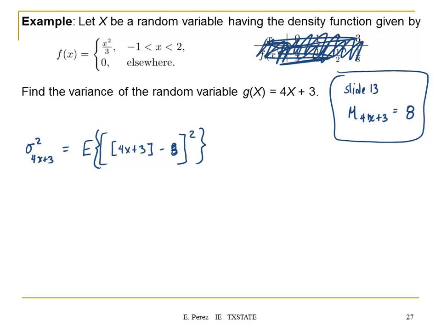Okay? So we are following the definition. Now we have to use the continuous case. So this will become the expectation of 4x minus 5 squared.